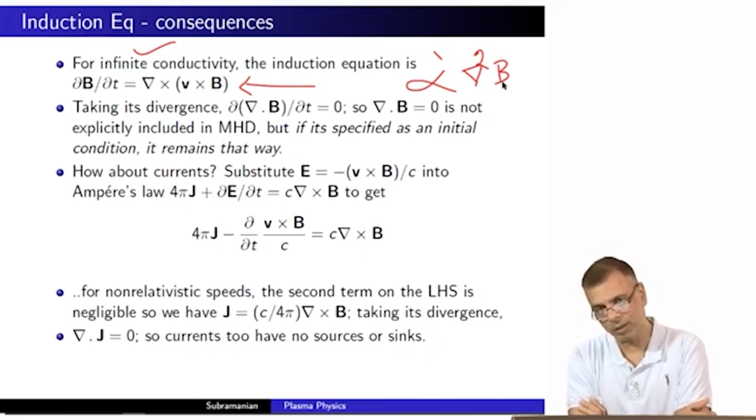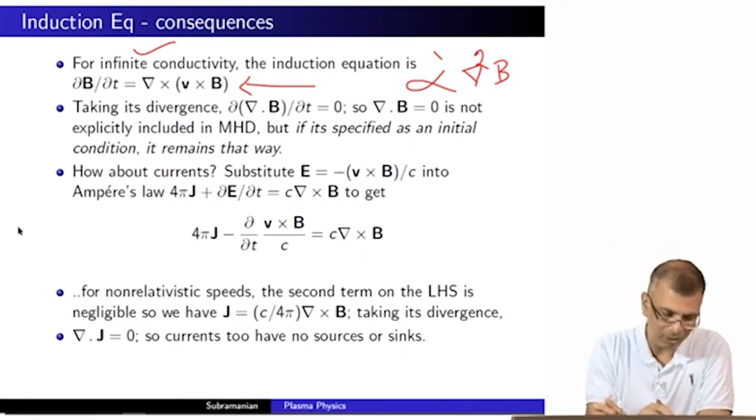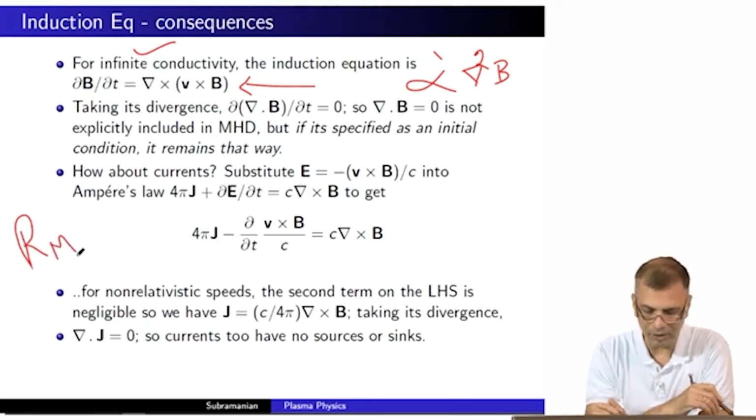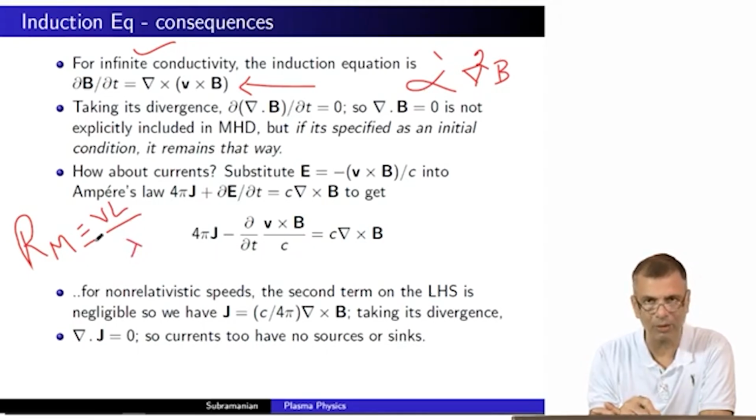and we also talked a little bit about the magnetic Reynolds number, R sub m. Okay, and the magnetic Reynolds number looks very much like the fluid's Reynolds number, except here you have the appearance of the resistivity. Okay, the resistivity appears at the bottom.